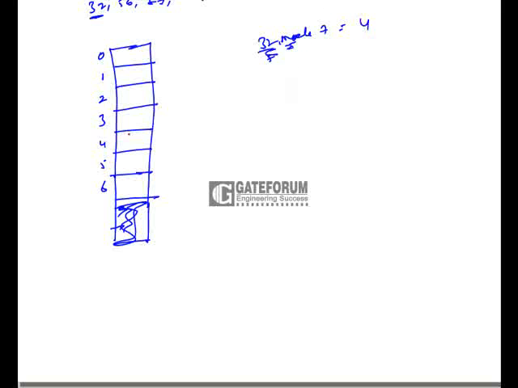So element 32 is inserted at position 4. Next we have to insert 56. 56 mod 7 is equal to 0, so 56 is inserted at position 0.